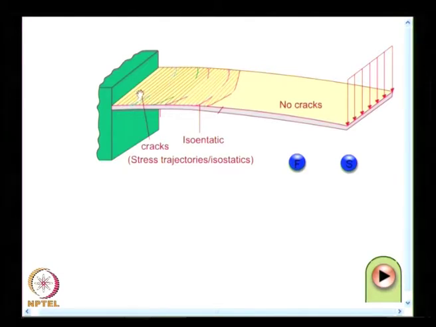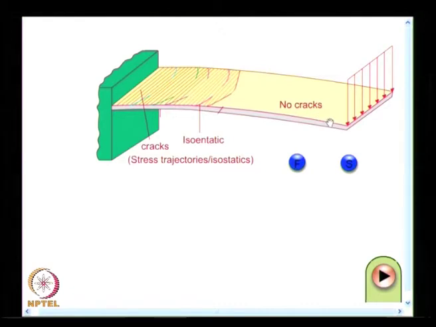So, what you have is, you have cracks, these are called stress trajectories or isostatics, and you know, in the case of a beam, the end is heavily loaded, the free end is not loaded, that is why you do not see cracks in this region.